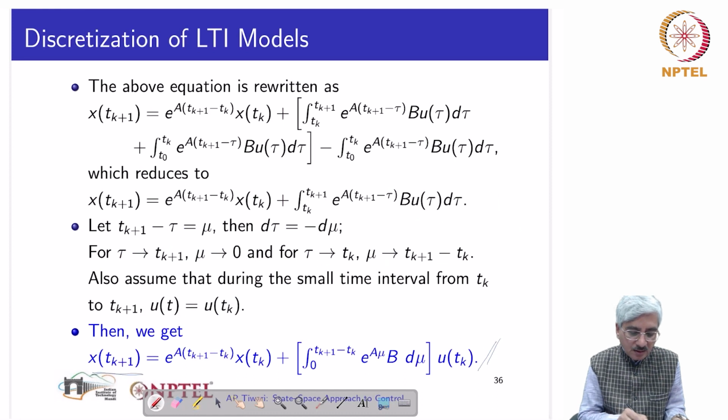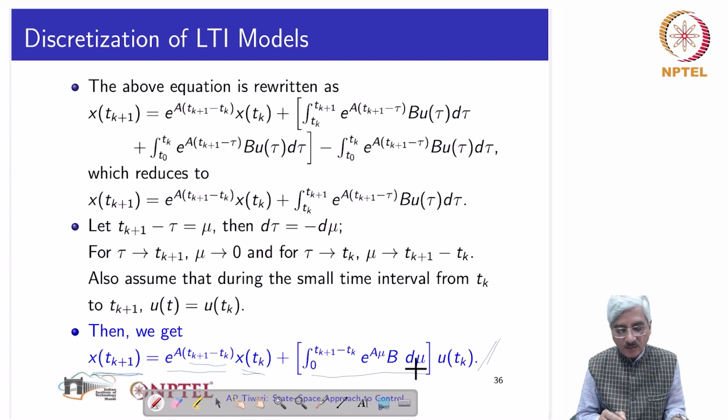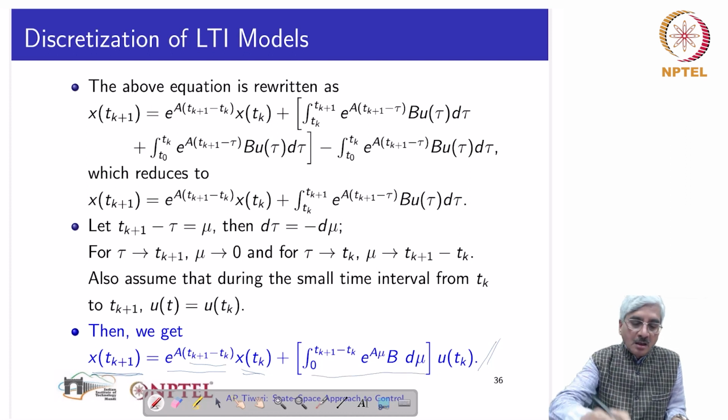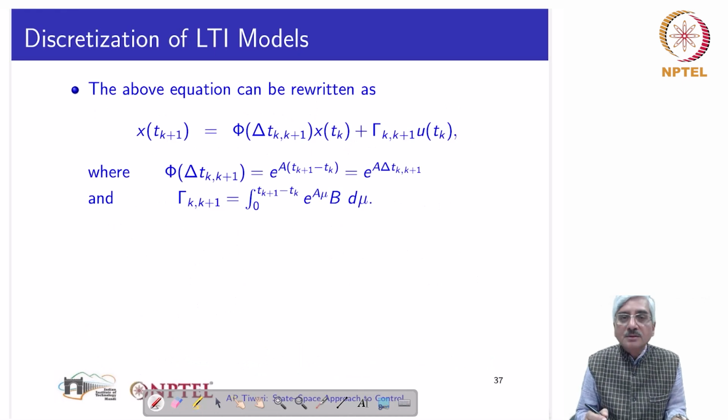x(tk plus 1) is given as e power A delta t between tk and tk plus 1 into x(tk) plus this integral. So it can be rewritten, with e power A delta t written as phi of delta t.